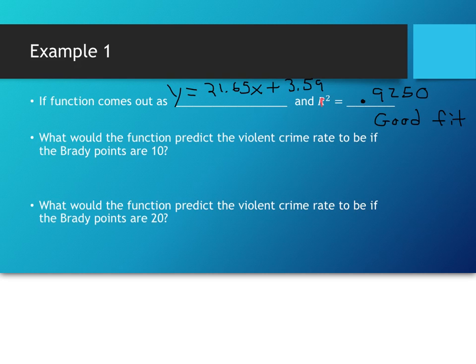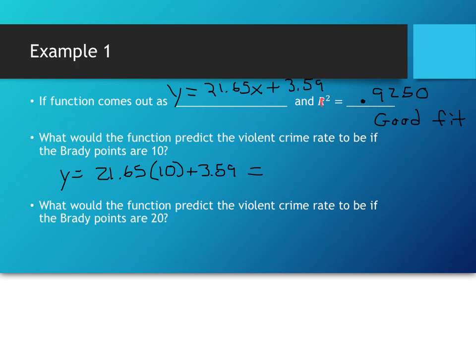All right, so hopefully you've done that and got the following things. We want to find the violent crime rate, that's Y, when it's 21.65 times 10 plus 3.59.